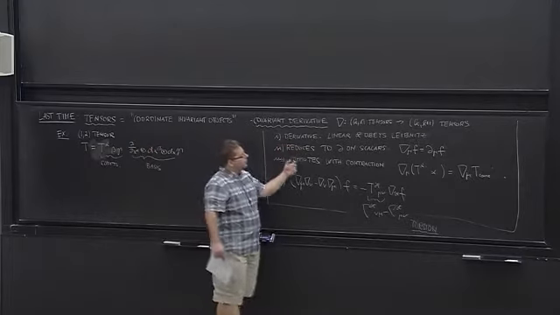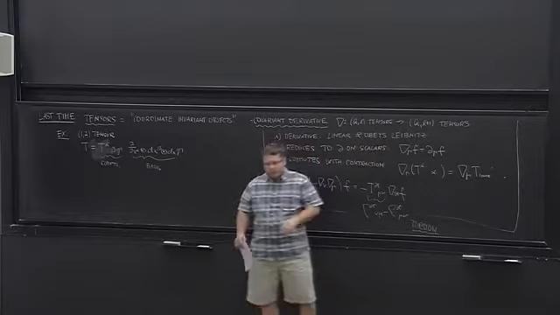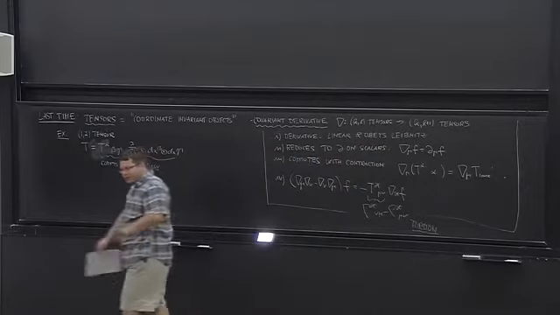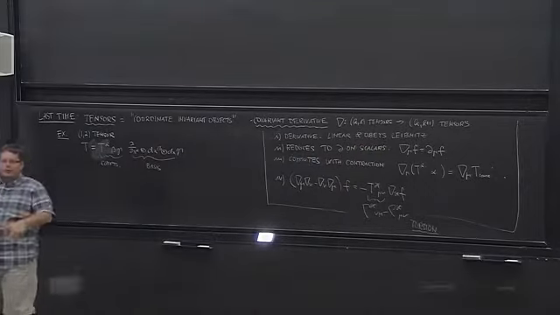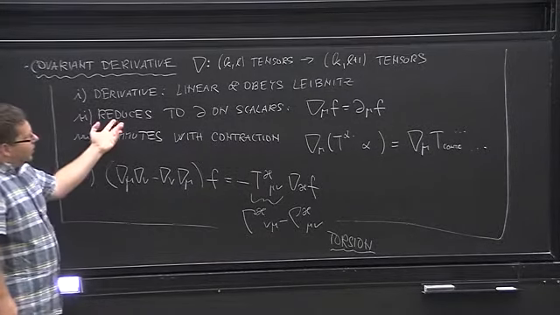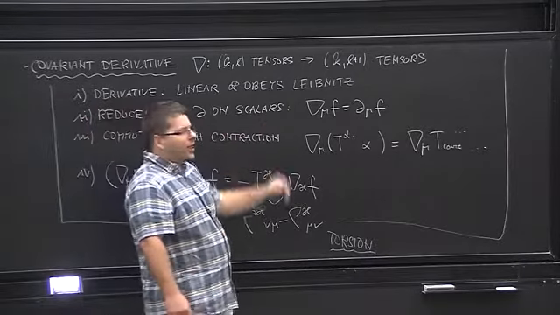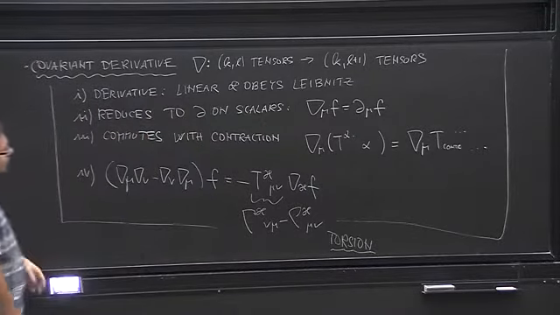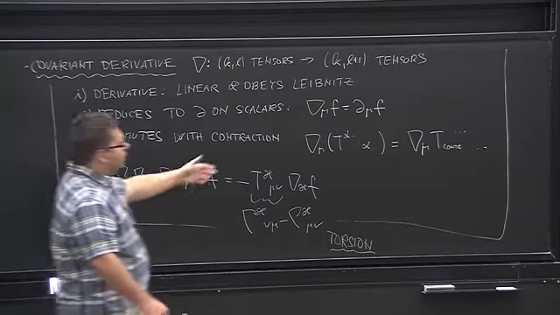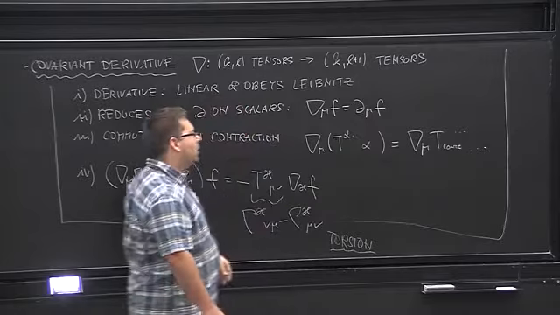It must be a derivative, so it is linear and obeys the Leibniz rule. So if you have a product of two tensors, it will act on each of them separately and sum. It has that property that it reduces to partial derivative on scalars. So we have seen that this object indeed behaves like a (0,1) tensor, and it's simple to show that.